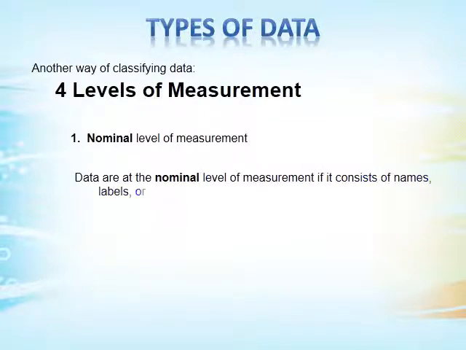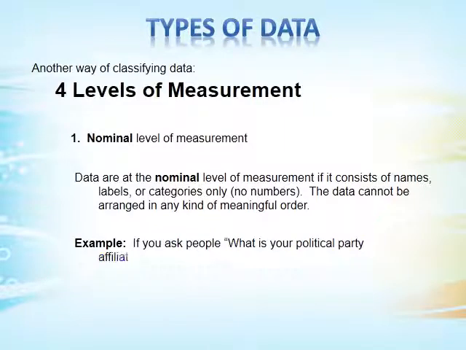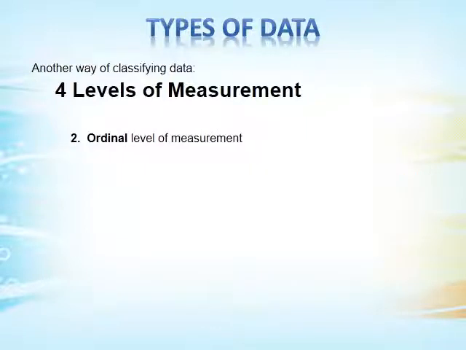At the nominal level of measurement, data consists of names, labels, or categories with no numbers. The data cannot be arranged in any kind of meaningful order, and that's the important part about the nominal level. So for example, if you ask people, what is your political party affiliation, the responses will be Democrat, Republican, Independent, or some other response. We cannot order this data in any meaningful way.